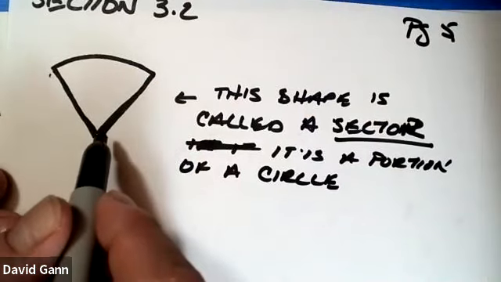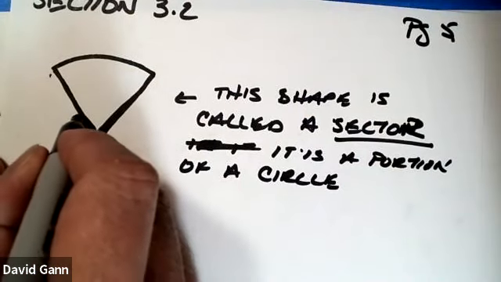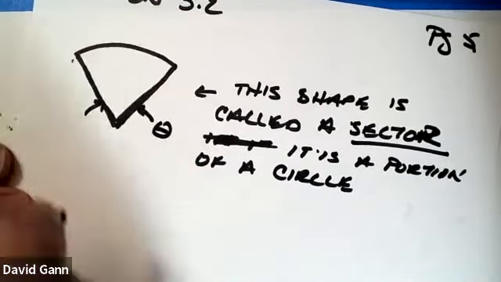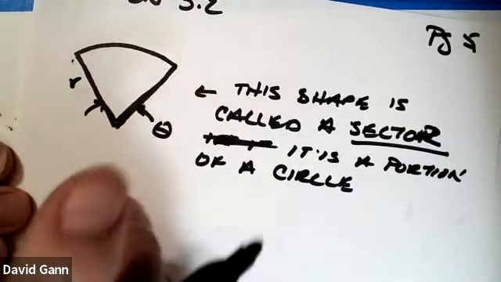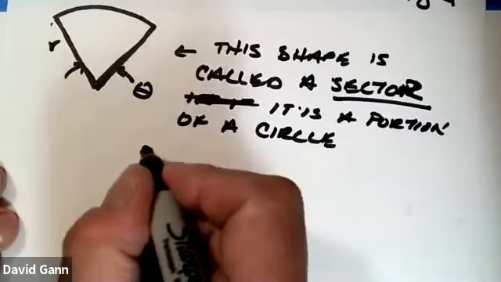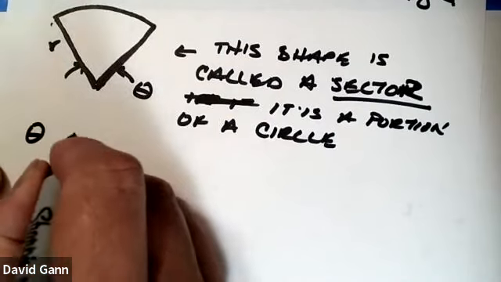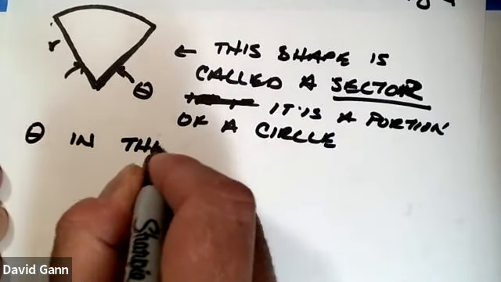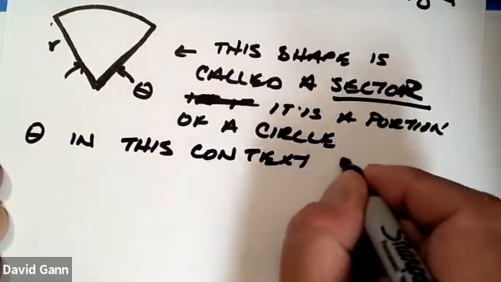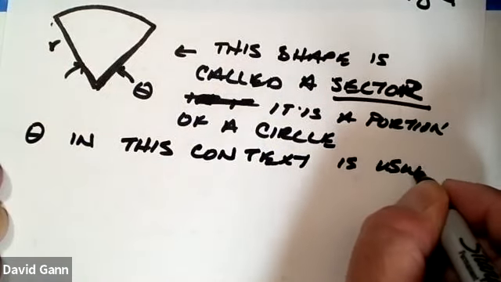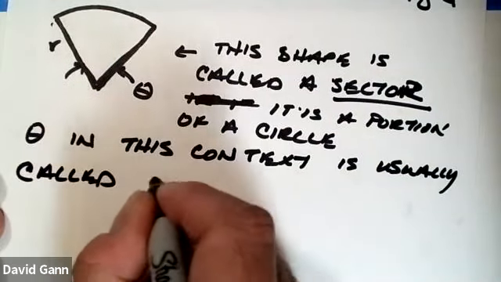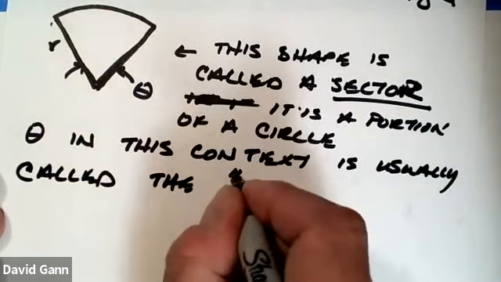And generally speaking, this angle down here, this thing will have a radius and it has an angle, and that's enough to determine anything we need to know about it. So theta in this context is usually called the central angle.